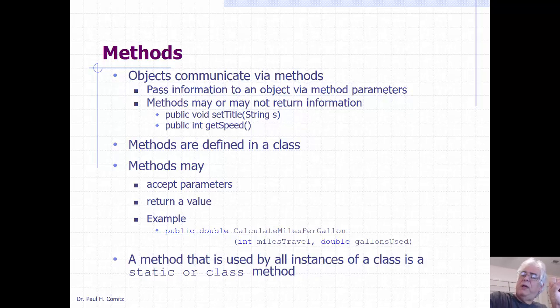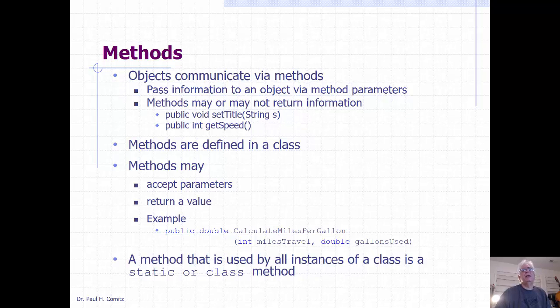If you wanted to know the speed of a bicycle object, you would invoke this method. So what does this do? This method here is how you externally access the state of this bicycle object. If you wanted to get the speed, you would invoke this getSpeed method. No parameter is required, and it returns an integer.